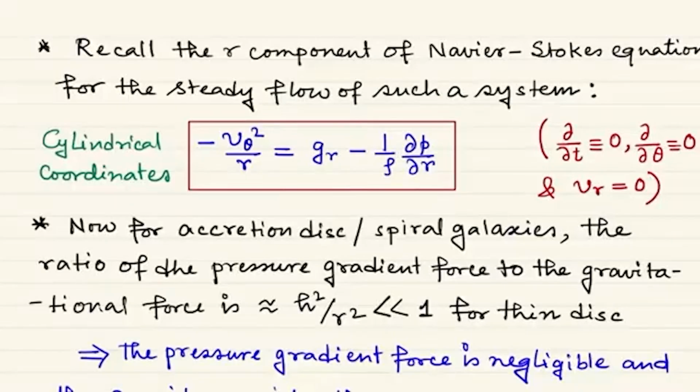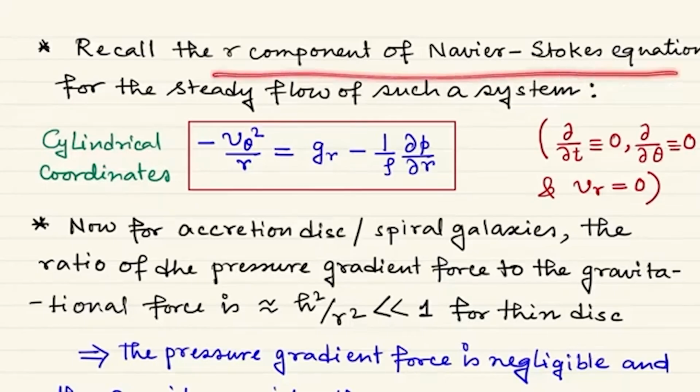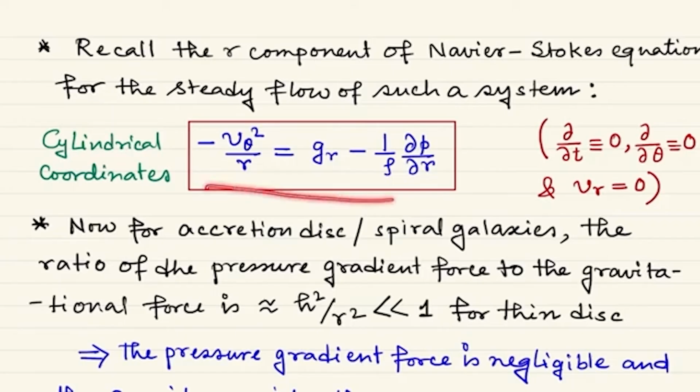So here we will follow the same methodology. You will see that the r component of the Navier-Stokes equation looks like this, because we are just considering a steady state motion of an accretion disk. Remember, the steady state just gives del t equal to 0.